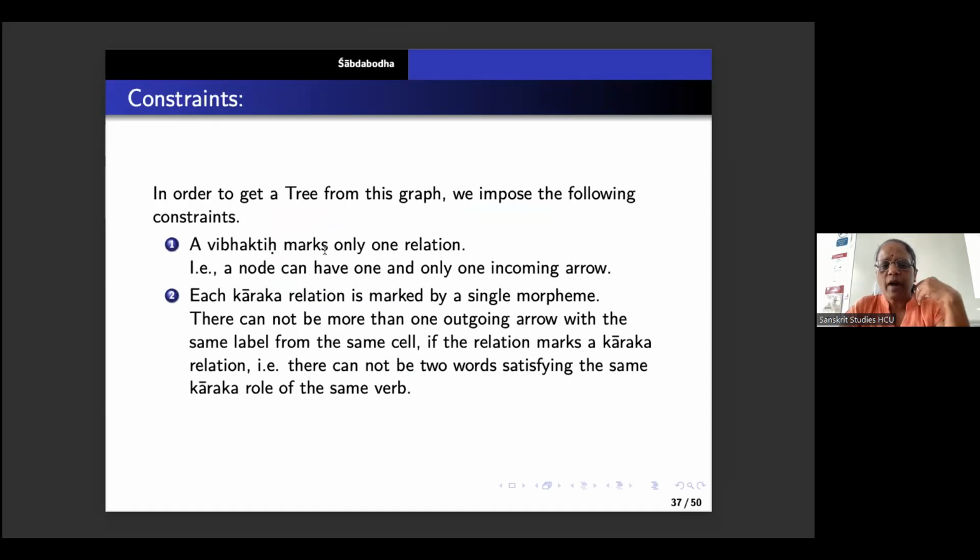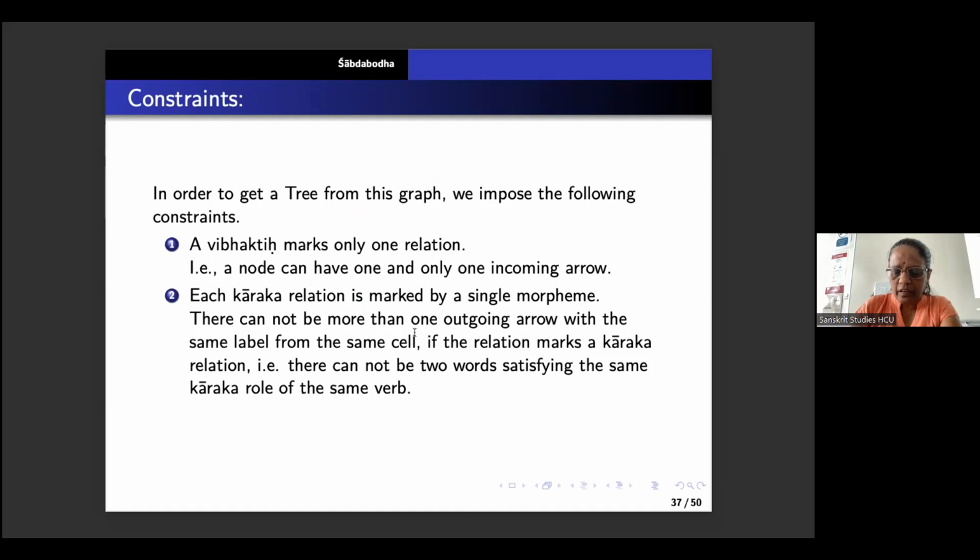Every suffix marks only one relation. Every karaka relation, that is the relation which specifies the verb and its argument, is marked by a single morpheme.